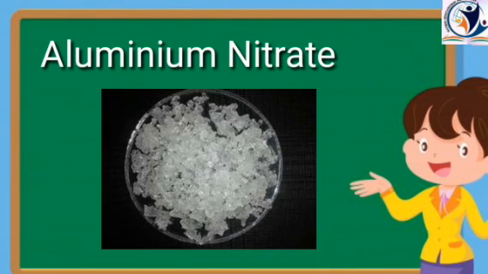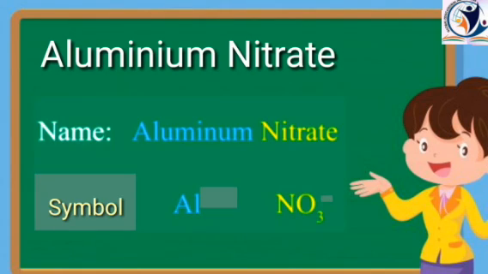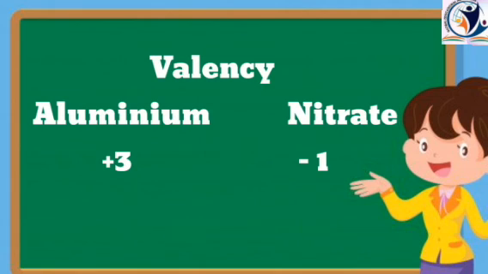Next we are having aluminium nitrate, the last example. Aluminium nitrate is made up of aluminium plus nitrate. So the symbol will be Al for aluminium and NO3 for nitrate. Valency of aluminium plus 3, nitrate minus 1. Metals we will be writing in front followed by the non-metal.